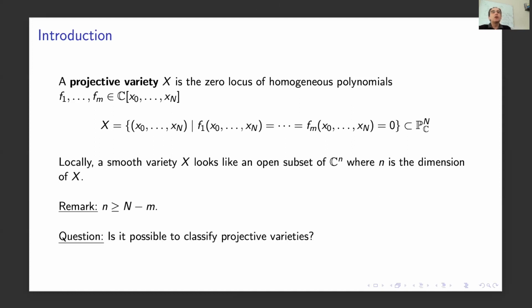So what is the goal of birational geometry? Well, somehow it is to give an answer to this very vague question: can we classify projective varieties? Of course, the word classify in mathematics might mean different things for different people. Even if we only ask people in algebraic geometry, or even people in birational geometry, it's not clear what exactly classify means.